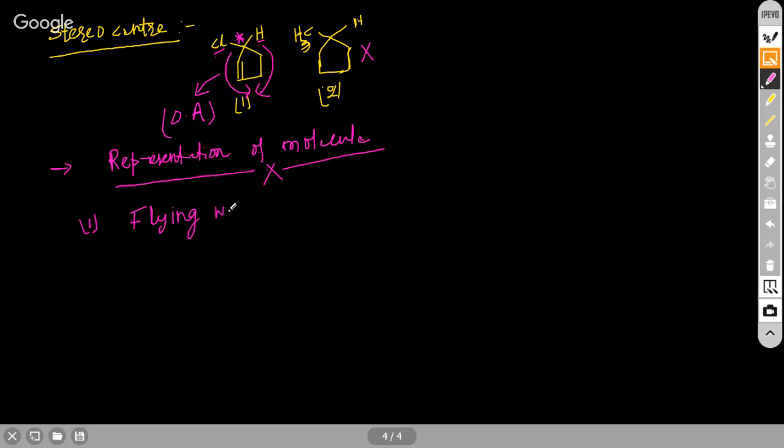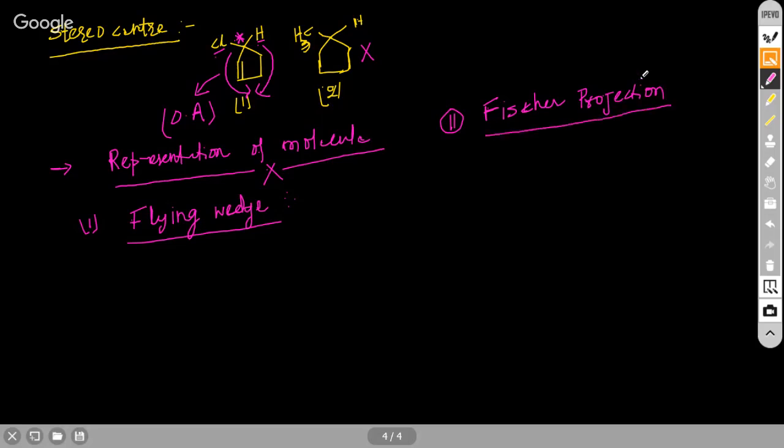We also call it the wedge dash representation. And the other one is the Fischer projection. These two we have to discuss.